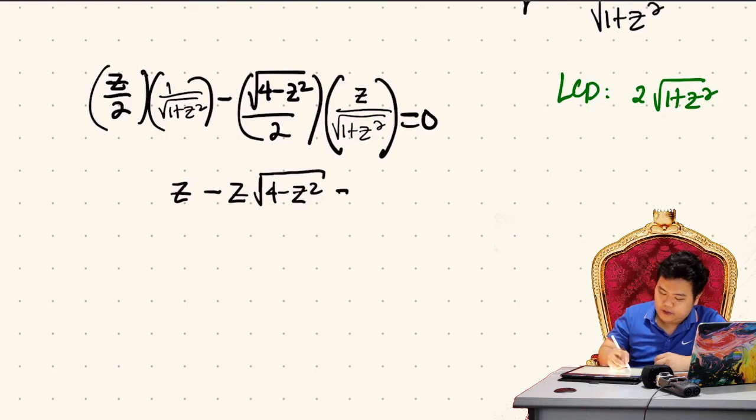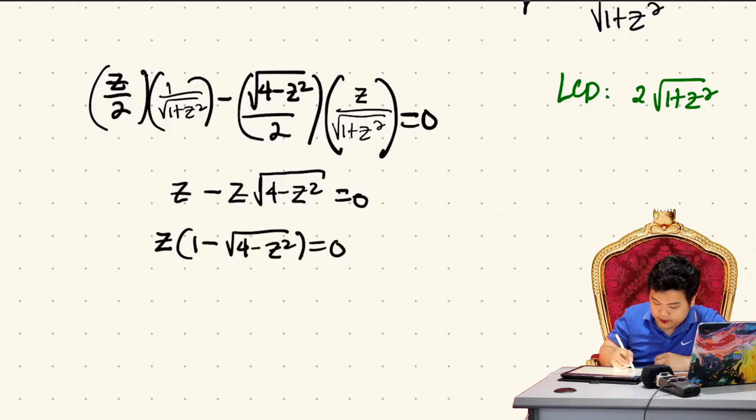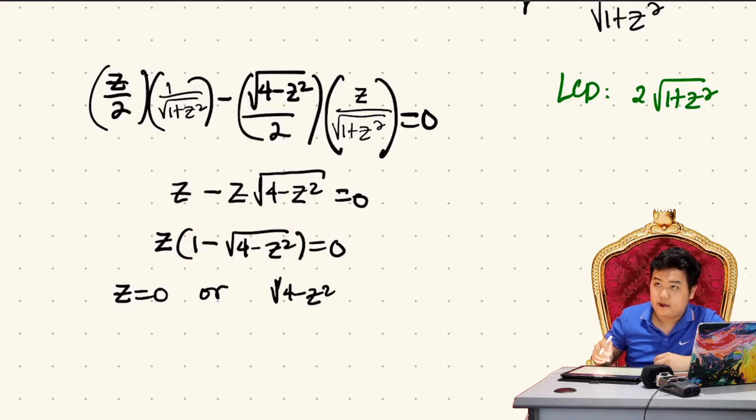Oh, hindi ba factorable to? z times 1 minus square root. Equate each factor to 0. So, z is 0. Or, when you equate this to 0, magiging square root of 4 minus z square is 1. Square both sides.